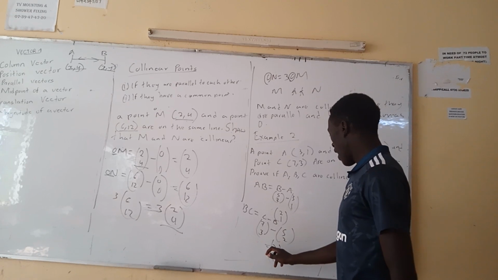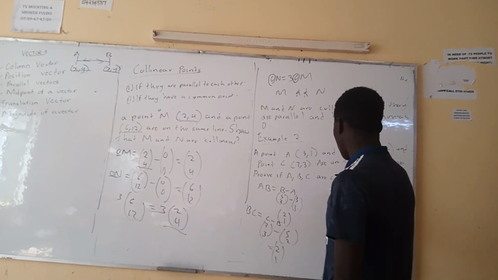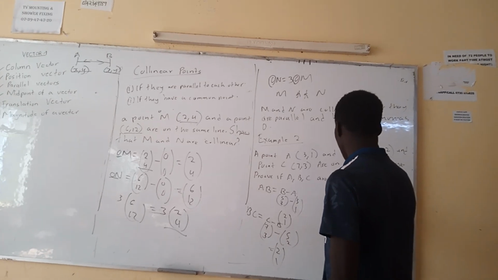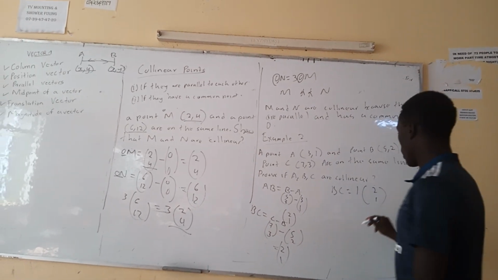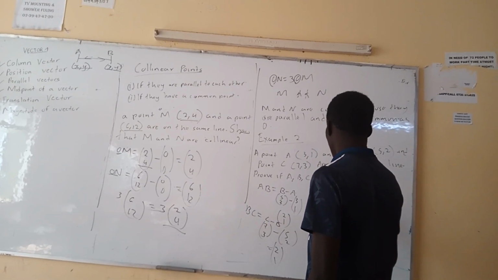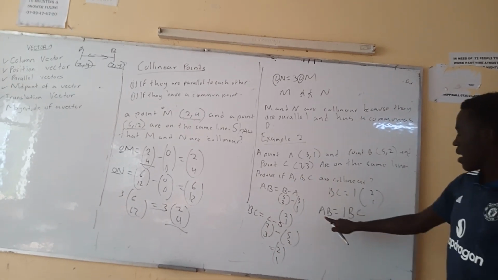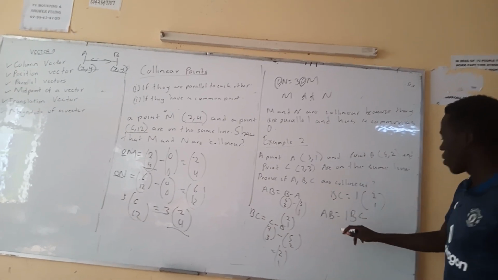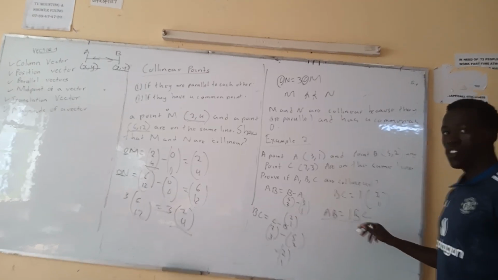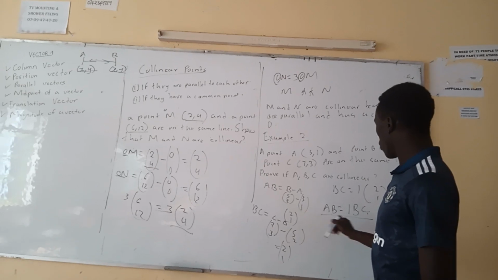So this means that I can get a common factor here. What number goes with 2 and 1? It is 1. So I'll say BC will be 1 times 2, 1. So this means that I can write that AB is equal to 1 BC. The moment I've written it this way, this means that AB and BC are parallel to each other. The remaining thing to prove is the common point.